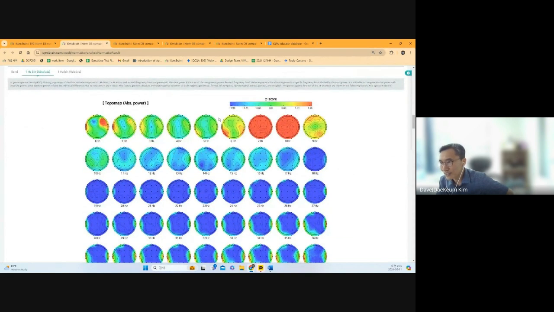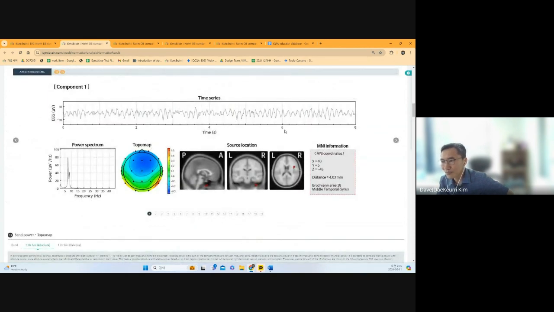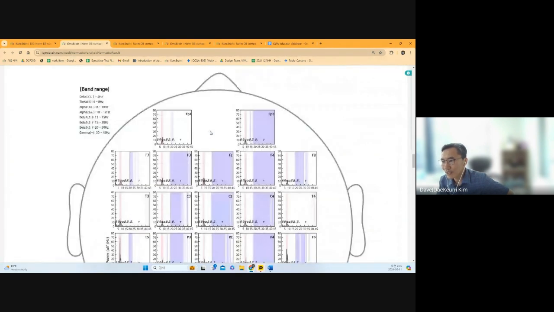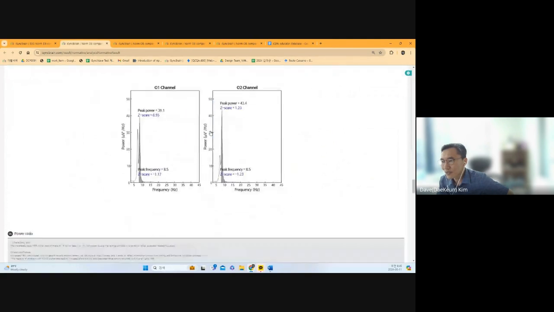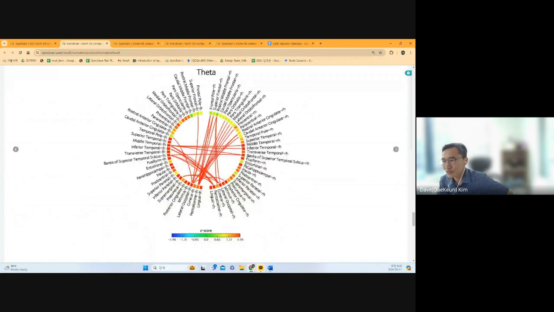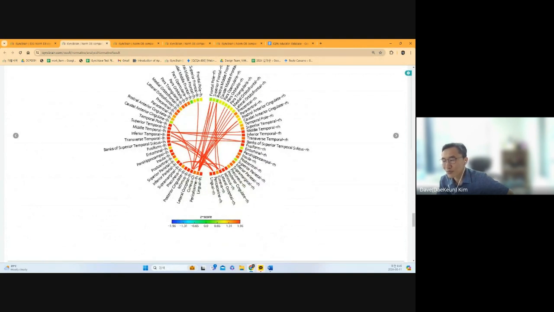We can find a lot of temporal slowing starting in this MCI patient, and that kind of common finding of MCI in these cases, and we can understand iSyncBrain components and various topomaps and spectra and power ratio and source connectivity and source topomap in 3D.